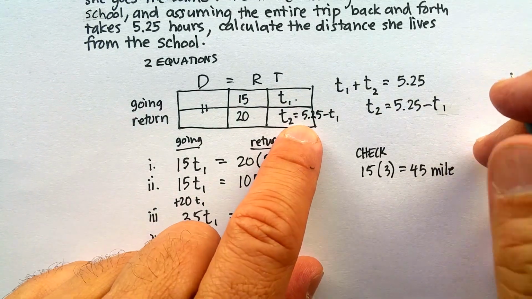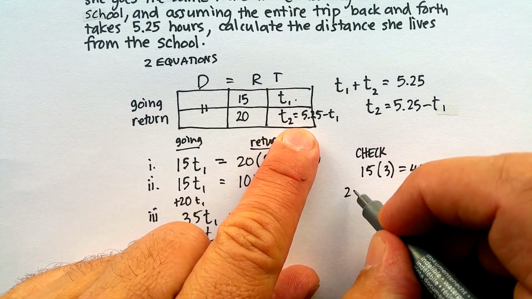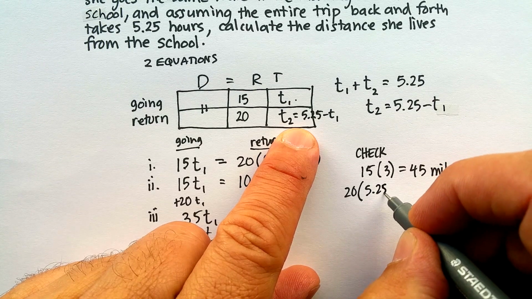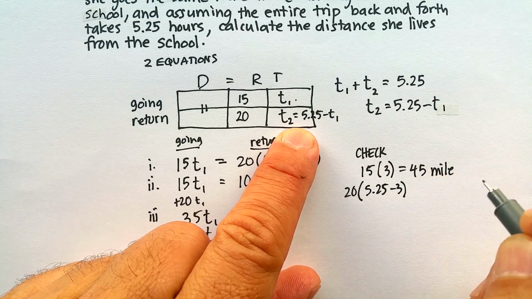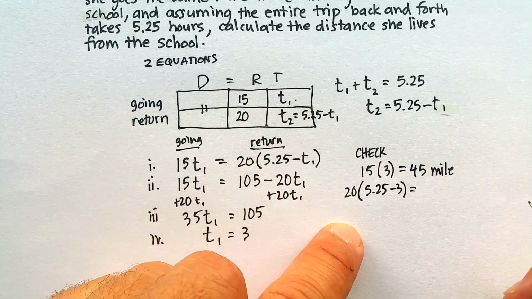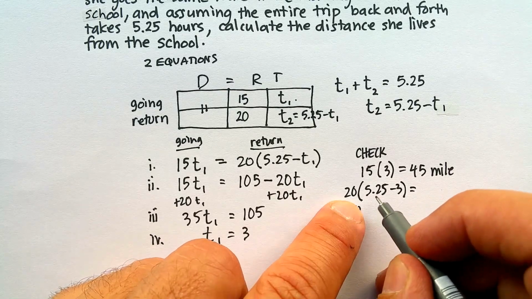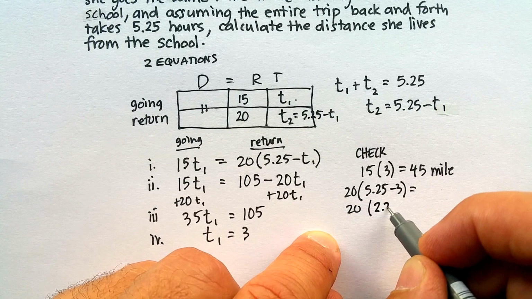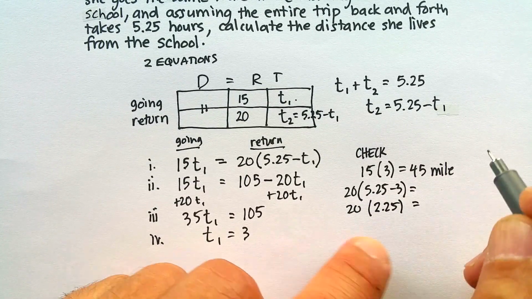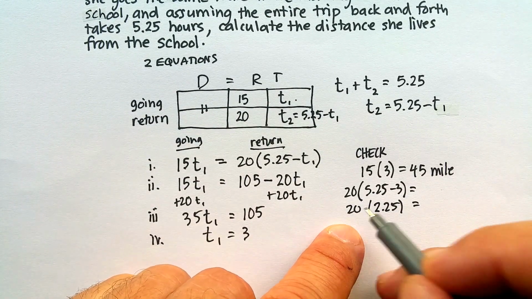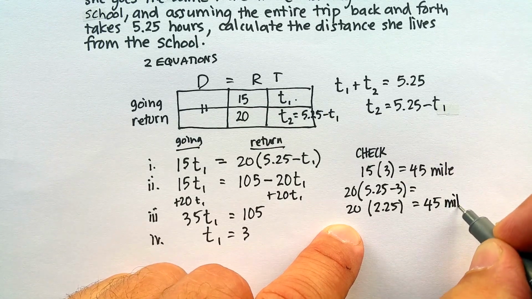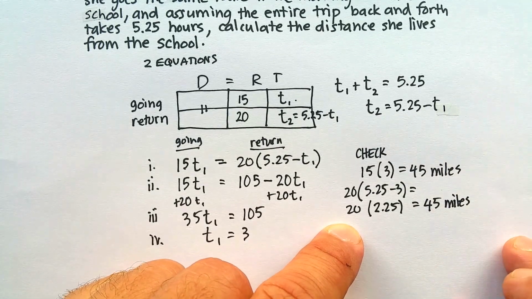All right, now let's plug it into this last one. 20 times 5.25 minus 3. Let's see if that's equal to 45. So that'd be 20 times 2.25. And when you multiply 2.25 times 20, sure enough, you get 45 miles.